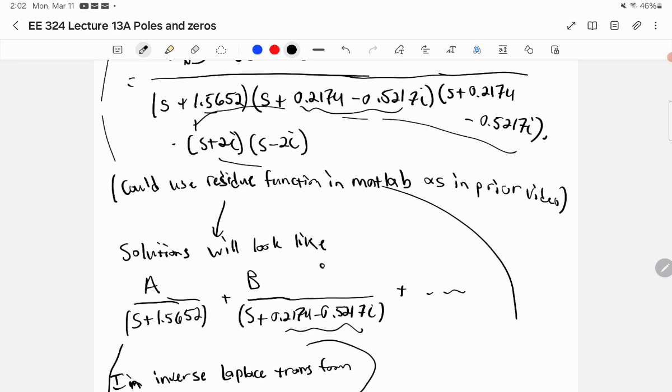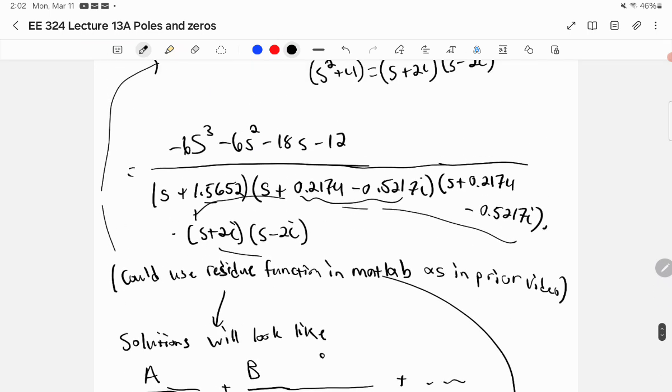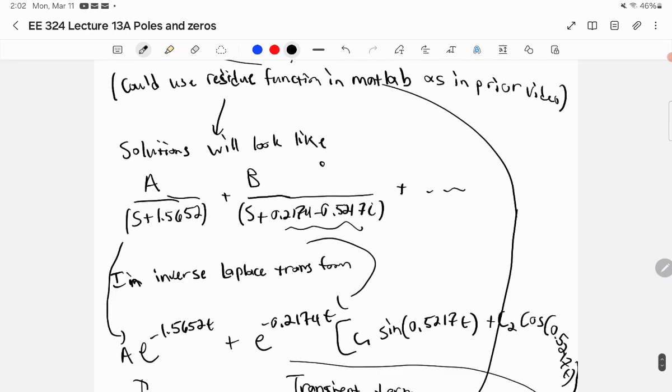But this will give me plus something like C. Actually, it's not going to be that. It's going to be e to the 0t times C3 sine of 2t, right? Because if I go back up here, this was 2i.